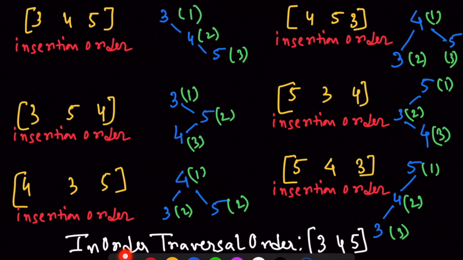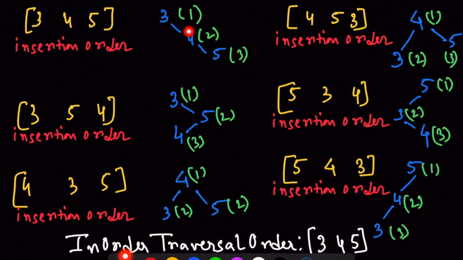So the maximum depth is 3 here because of that. Here I have written the depth of each node, but we want to know the depth of the whole binary search tree. So that will be the max of all these depths, right? One more thing to notice here: for each of these binary search trees, the in-order traversal is always in sorted order, that is 3, 4 and 5.